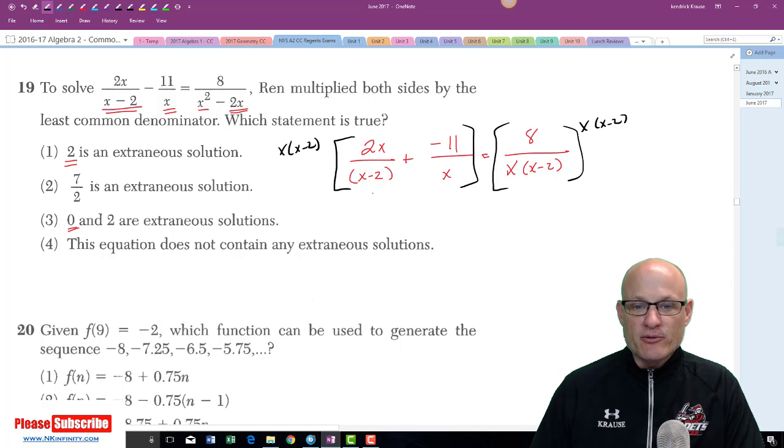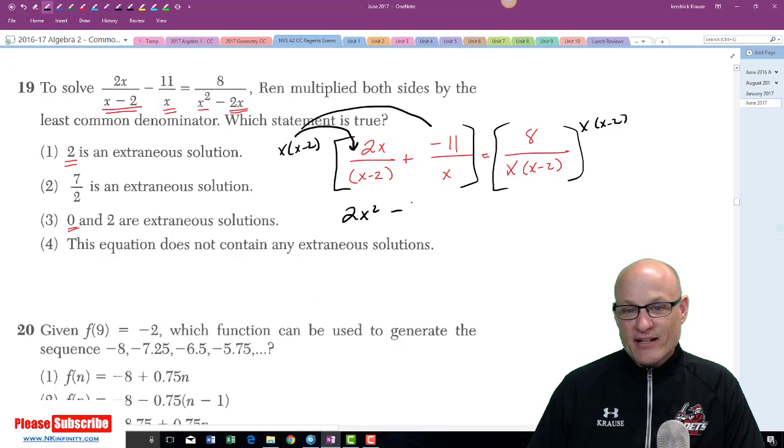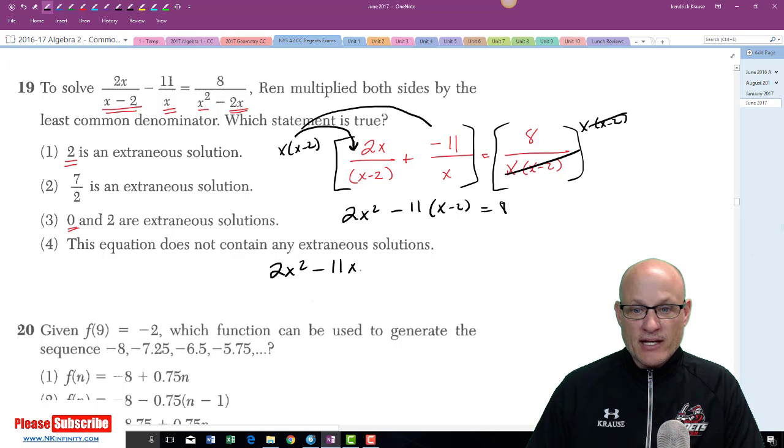Now I've got to distribute. When I distribute that to here, the x minus 2's cancel, and I end up with 2x squared. When I multiply it by here, the x's cancel, and I end up with minus 11 times x minus 2. And on this side, the whole thing cancels, and I end up with just 8. So let's clean this up. I get 2x squared minus 11x plus 22 equals 8.